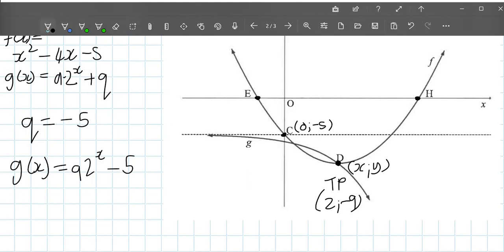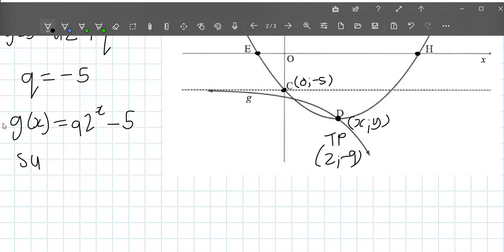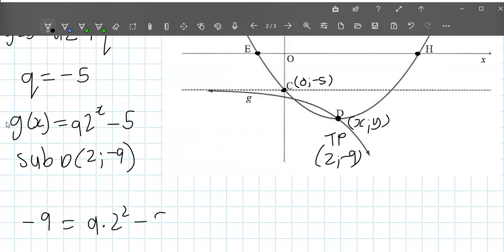So I want to sub in this turning point here, because that is also on G. So the point D is on G. So if we sub D, from the previous question, we got that turning point, into G of x, then we can solve for a. So minus 9 is equal to a times 2 to the power of 2 minus 5.